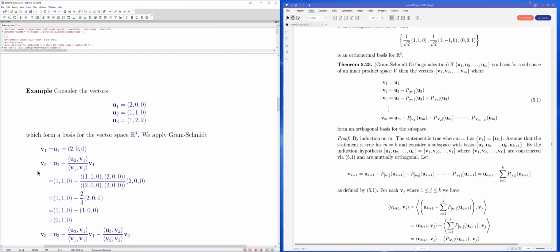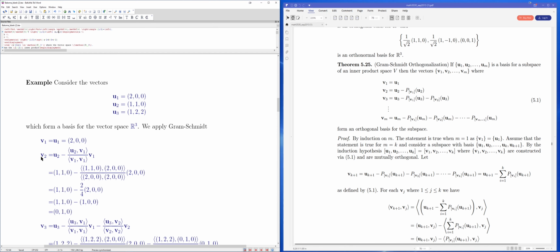And the v2, you get from u2, and then you subtract the projection. This is your formula for the projection. What you're doing is subtracting the projection of u2 in the direction of v1, so that's the inner product of u2 with v1, divided by the inner product of v1 with itself, times the vector v1.